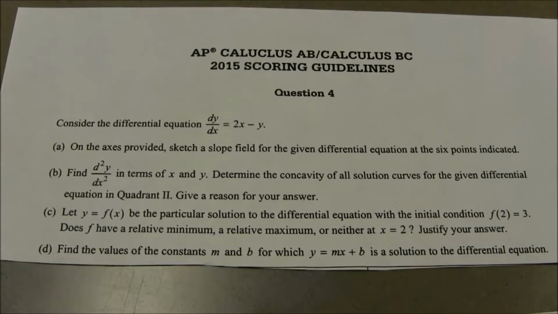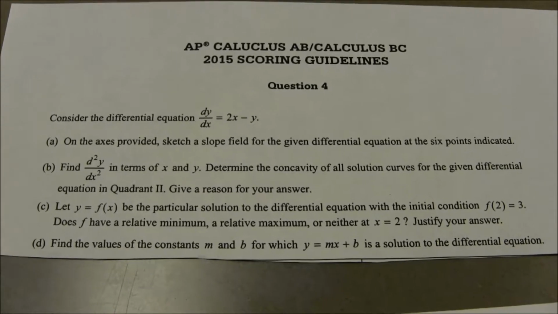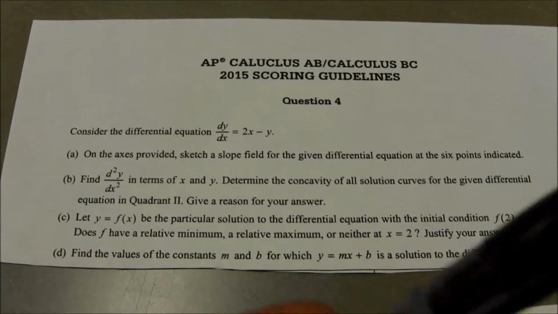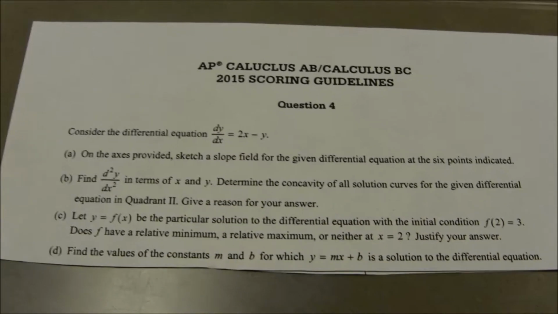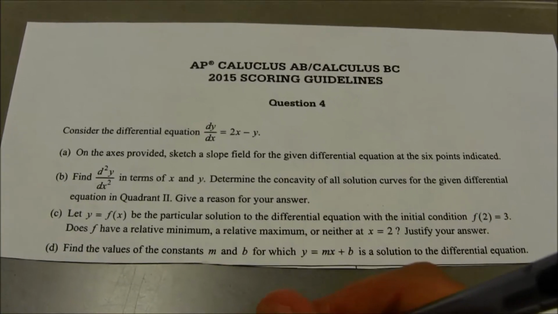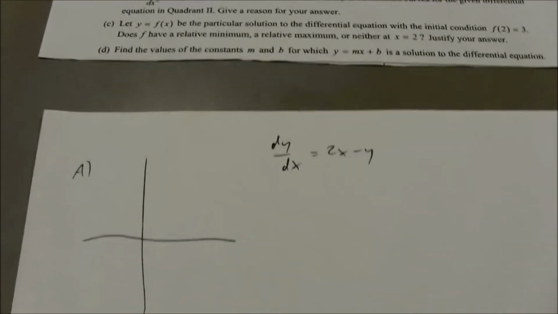So anyway, the first part of the question asks the person taking the exam to find a slope field. Hopefully at this point you have a concept of what a slope field is. I'm not going to do an entire slope field here, but your function is dy/dx = 2x - y.